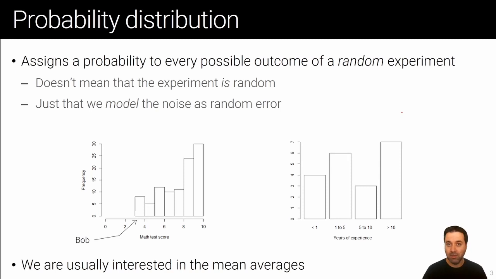It just means that we build a model around it such that everything that we don't know about the score looks random to us. So for instance, if we're interested in the height of people and we know the average, then any deviation from that average looks random because we don't have any better explanation for that deviation. We'll talk more about this in a few slides.